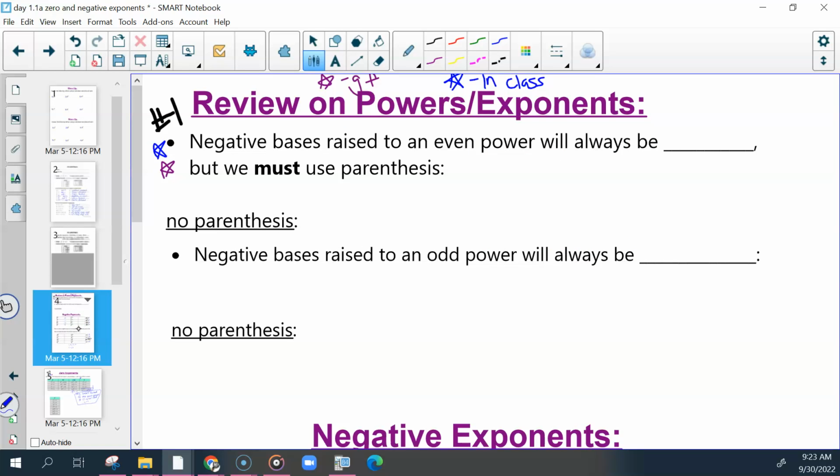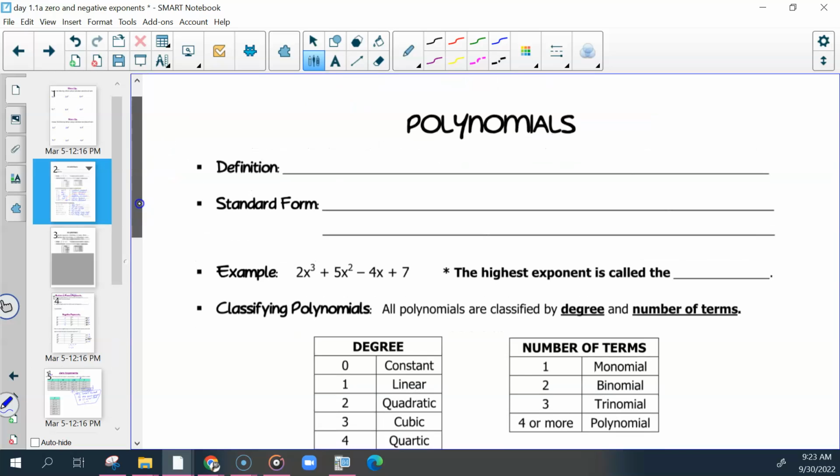Okay. The next part is your second objective, or part of it, because there's a lot of exponent rules, so we're just going to talk about 2 of them today. But first we're going to go back to some things. If I had a power, let me go back here.